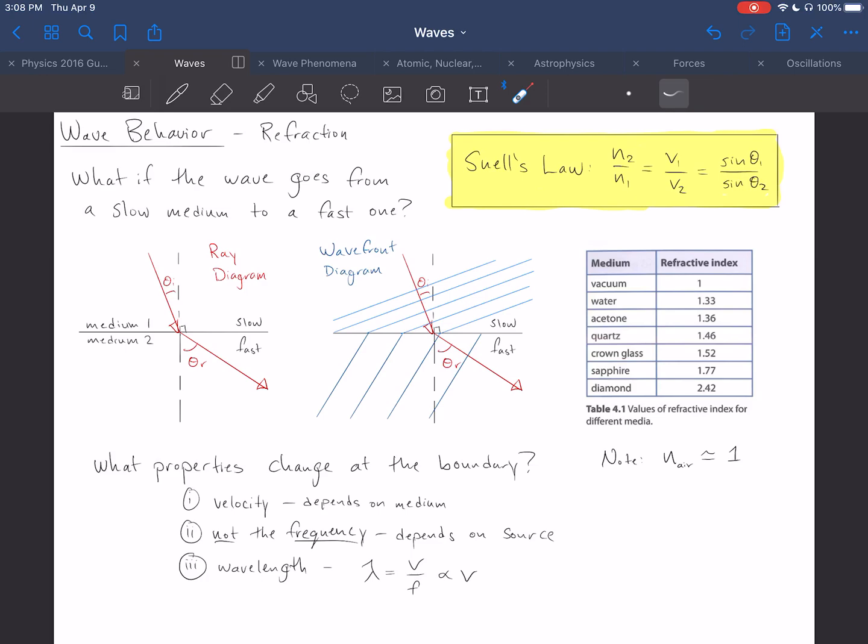The velocity depends on the medium. The frequency depends on the source, and therefore isn't going to change when it hits that new medium. And the wavelength depends on the relationship between them, which means that if the velocity changes and the frequency does not, then the wavelength will be proportional to the velocity. If the velocity is twice as fast, the wavelength will be twice as large, and so on and so forth.